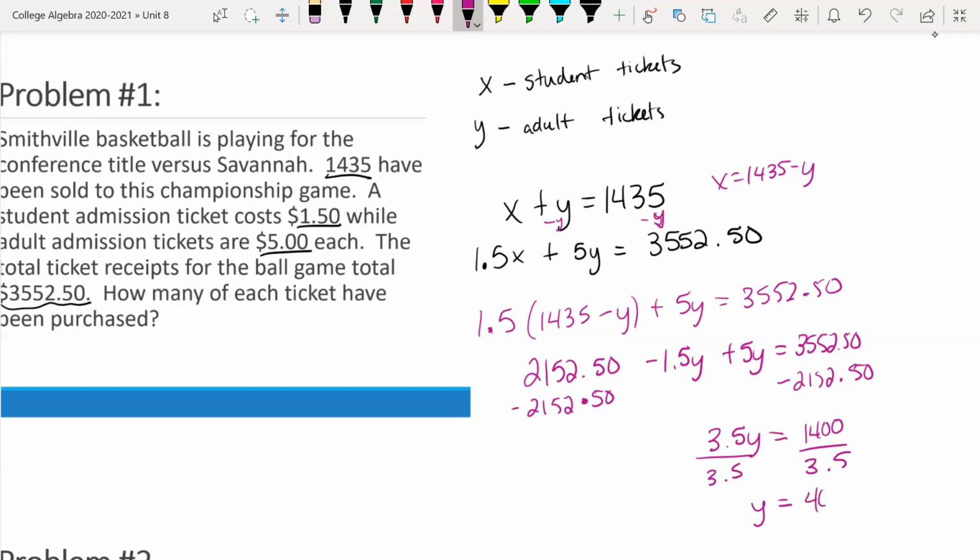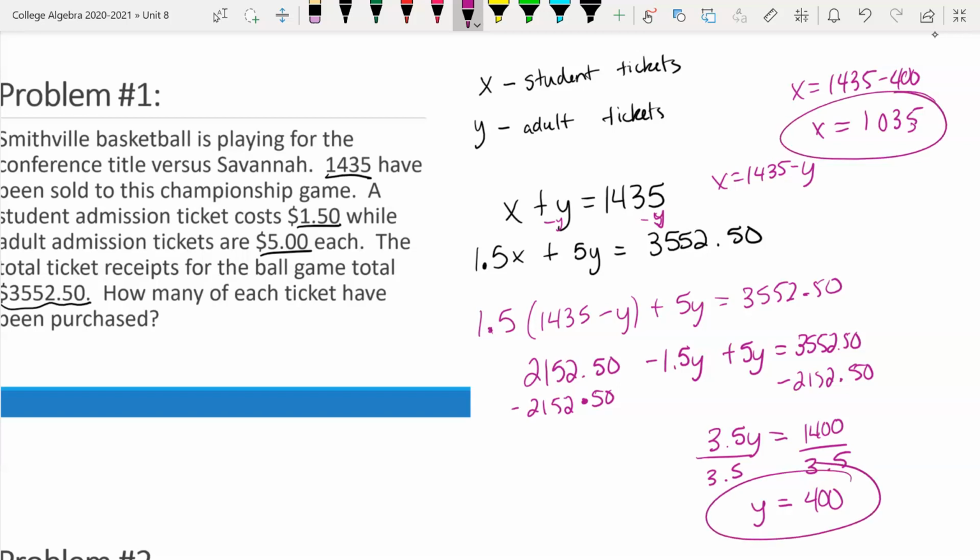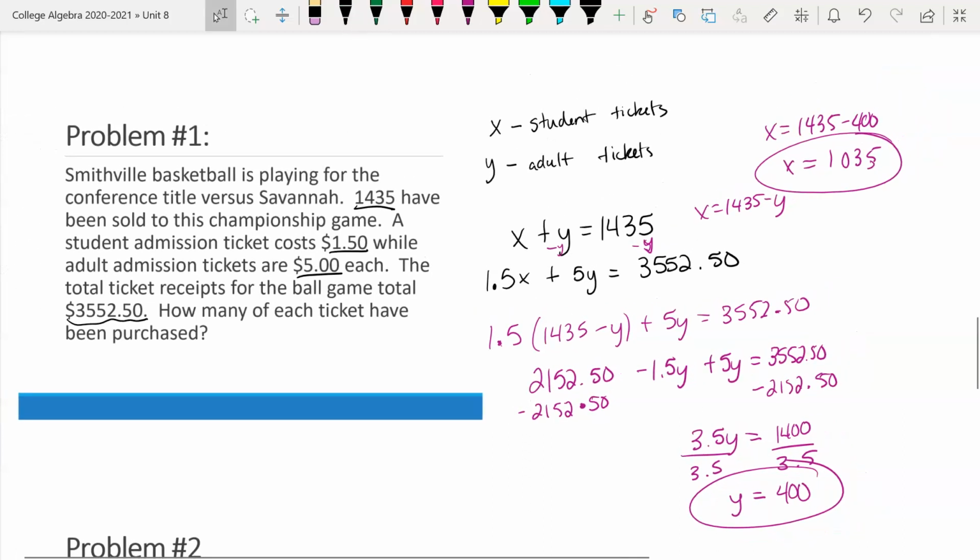I'm going to get there were 400 adult tickets. So then you can just plug that in and I could take 1,435 minus 400. That means there's 1,035 student tickets. So 1,035 student tickets, 400 adult tickets. That's just to get your brain thinking about how word problems are set up.